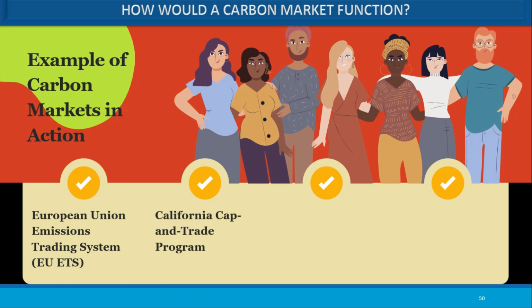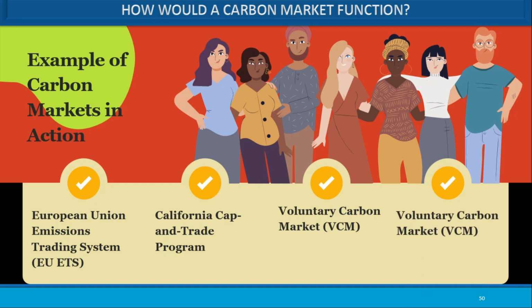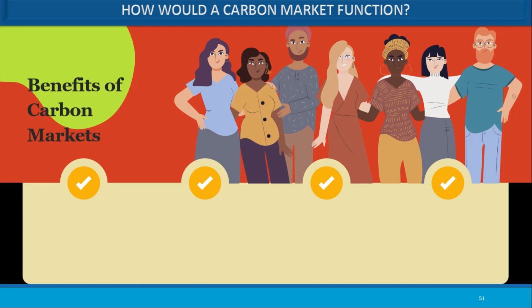There is also the California cap and trade program, which applies to power plants, oil refineries and large industry facilities. This includes offset credits from forest management and methane reduction projects. And there is the voluntary carbon market, where businesses like Microsoft and Amazon purchase carbon credits to achieve net zero or sustainability targets.